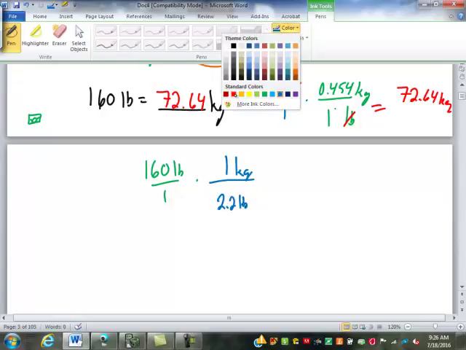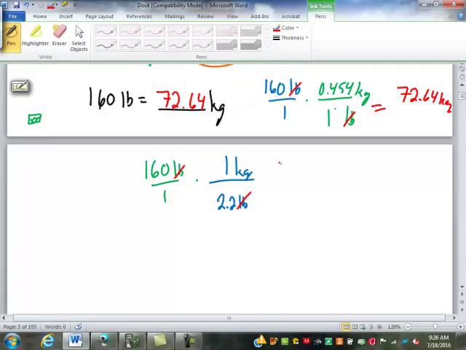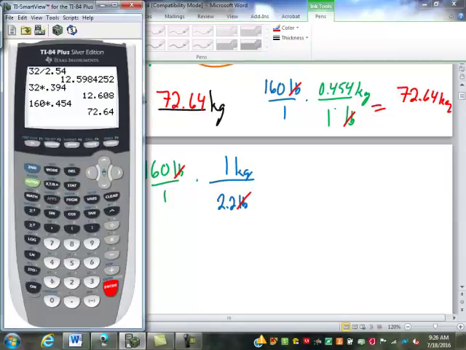And I would have ended up dividing by the 2.2 instead of multiplying by 0.454. You realize you get pretty much the same thing. You can see a little bit of a round off error again. 72.73 instead of 72.64.